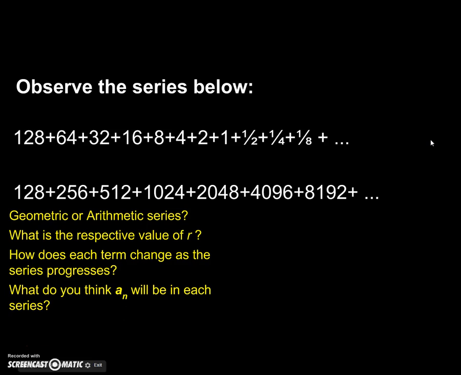Just imagine that a little bit. Is it going to be a very big number, or a small number, or a very, very small number? Because we're going to keep on multiplying by half, so the nth term should be pretty small. Now the question would be how small?